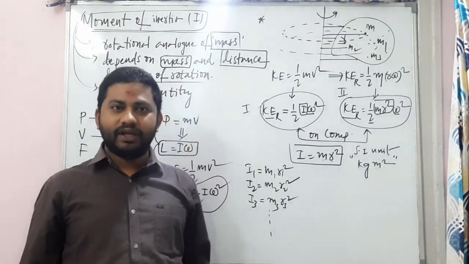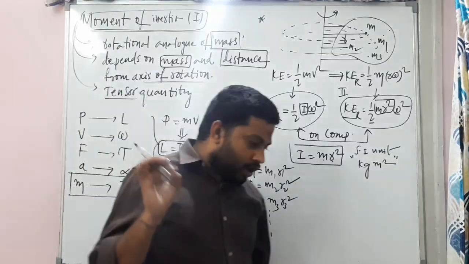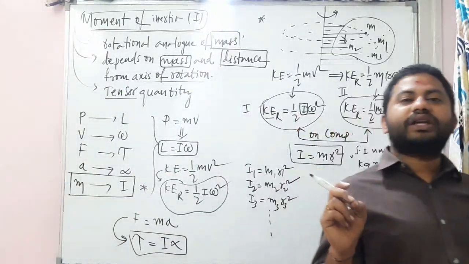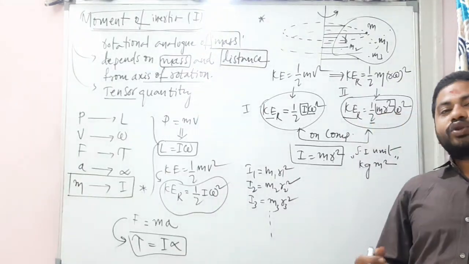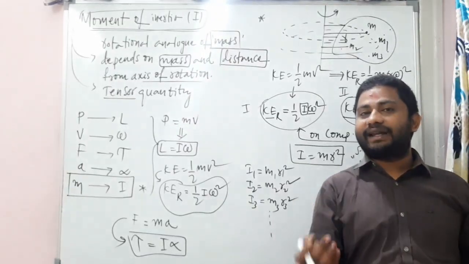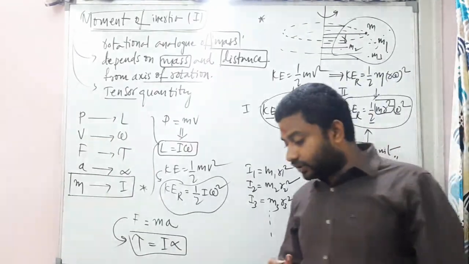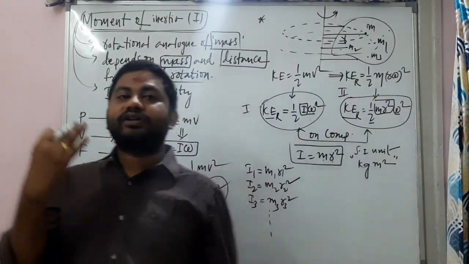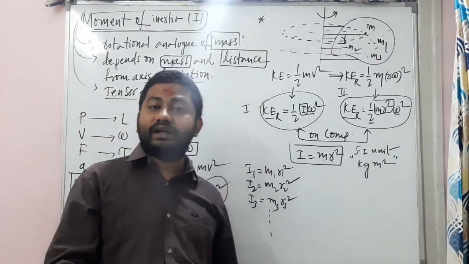If a block is dragged on the surface of the earth, there are so many work done cases available here. Work done by gravitational force, work done by normal reaction, work done by friction, work done by the external force.